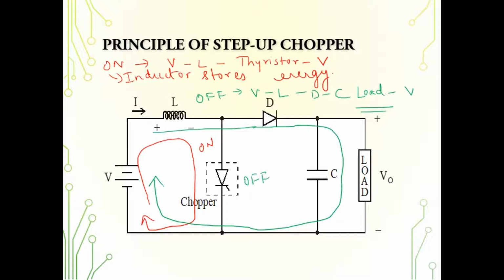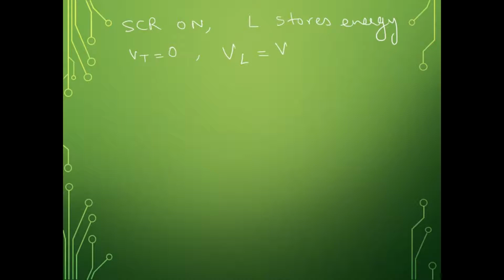So when the thyristor or SCR is on, the inductor stores energy. The voltage across the thyristor is 0. Then the voltage across the inductor VL is equal to the supply voltage V.